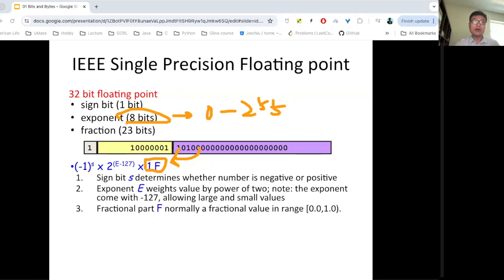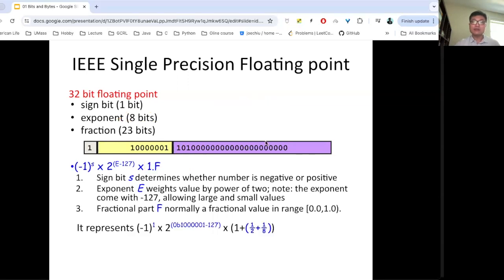If you understand the point here, what we have is this example. The first bit is 1, then we have 1, 0, 0, 0, 0, 1, and then we have another number. It can represent a number like this. When we compute it, you can see the exponent part becomes 129 minus 127, so it's only 2.